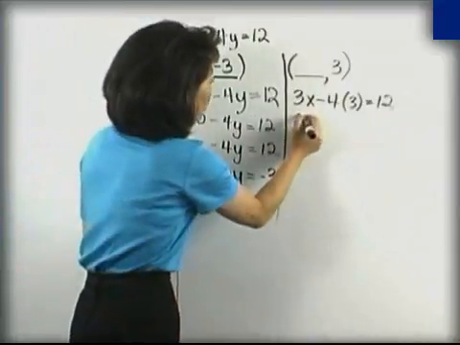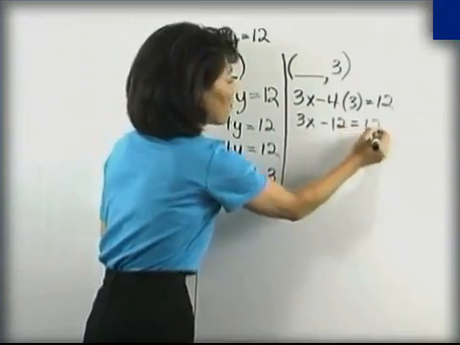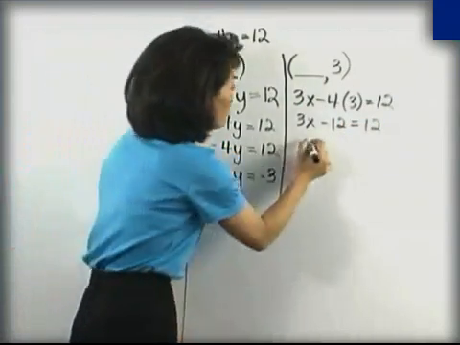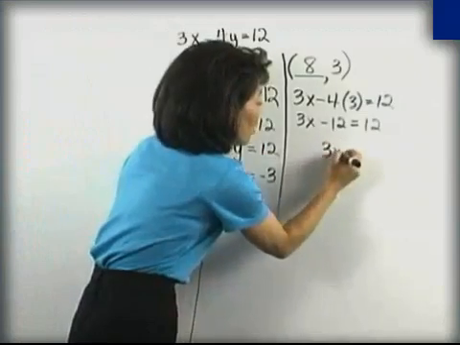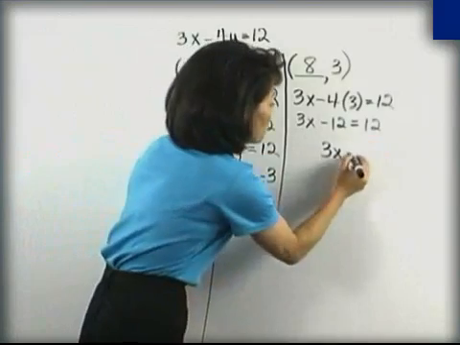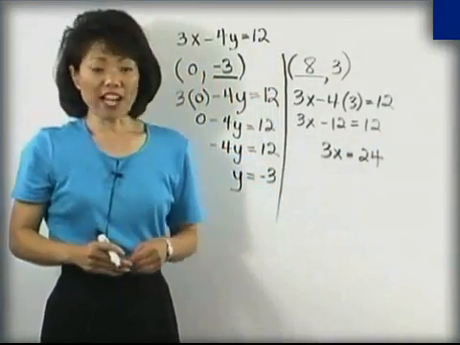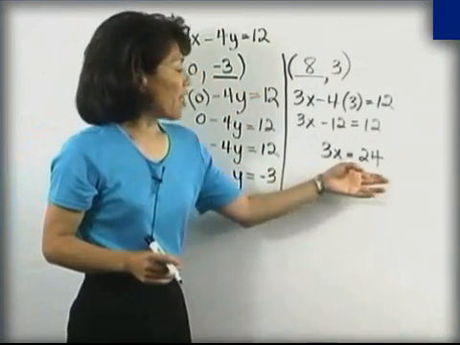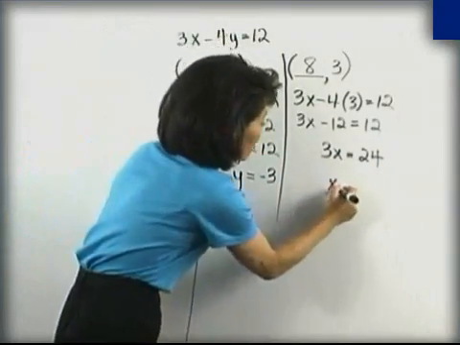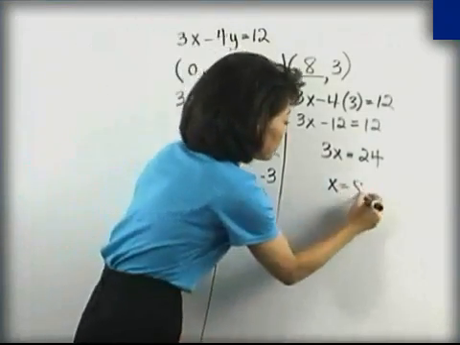Once we do that, we get 3x minus 12 equals 12. To solve for x, we add 12 to both sides: 3x is equal to 12 plus 12, which is 24. Finally, I divide both sides of my equation by 3, and I get x is equal to 24 divided by 3, which is 8.